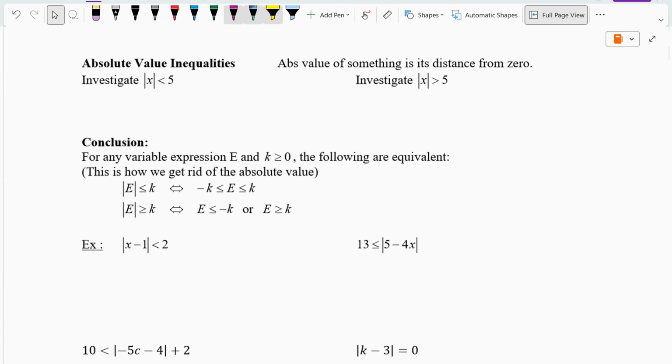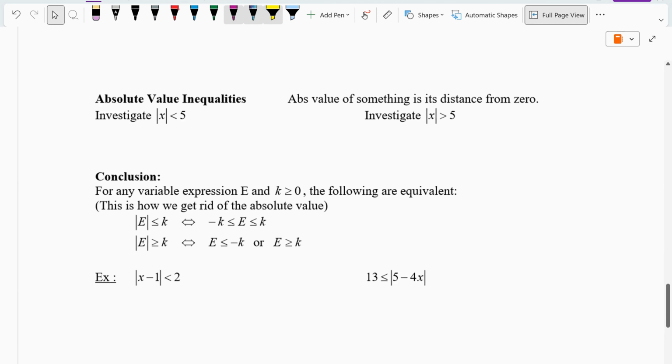Okay, so the way we're going to interpret this is distance from 0. So x is the unknown, and we're asking what is its distance from 0? Absolute value of x is asking what is the distance from 0.